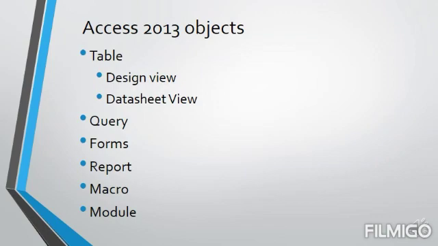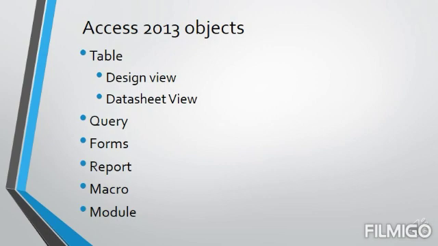Now we have some Access 2013 objects, the first being the table. We have already seen that the table is the main building block of the database. It has two views, the design view and the datasheet view. That means you can create or maintain the database in two different views. Design view helps you set up the table design by specifying the fields in the table.